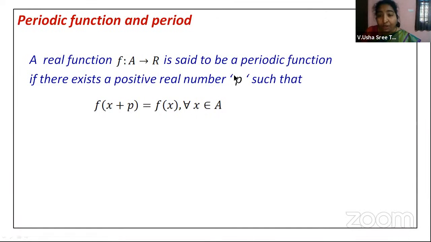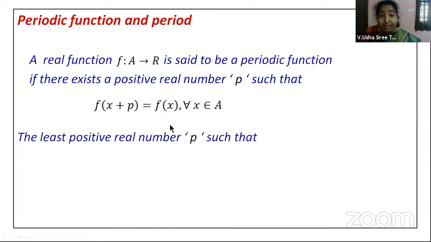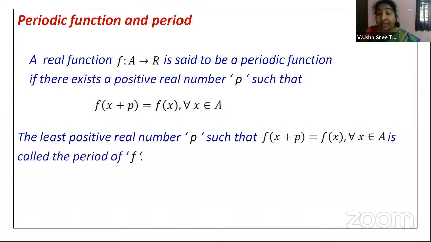Now what you are going to do with this p? In the given function, instead of x, if you are substituting x plus p, and still you are getting the answer as f of x, and we are choosing p in such a way that it is the least positive value, then we call that value p the period of that particular function.